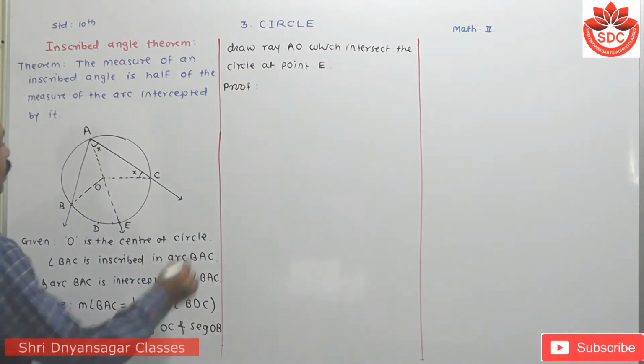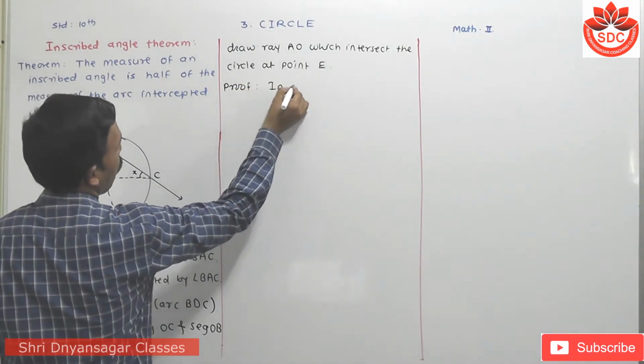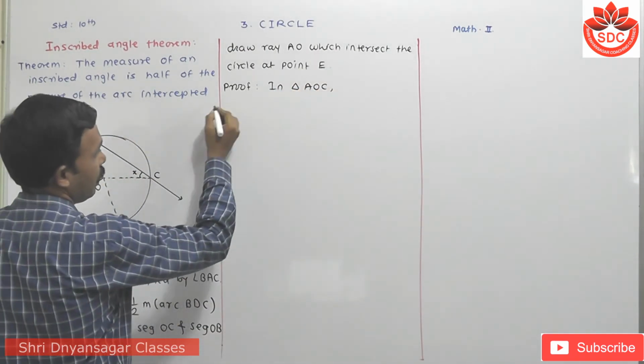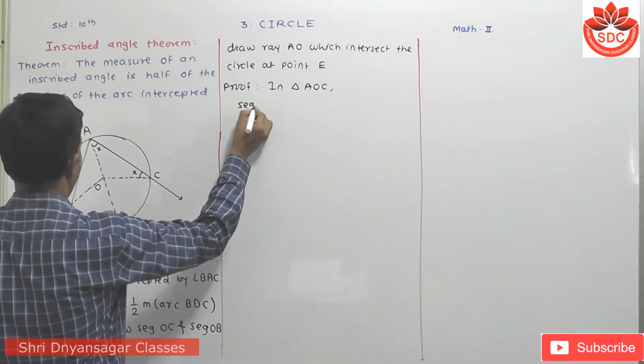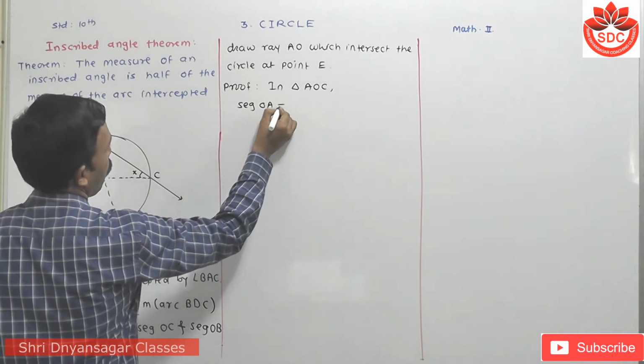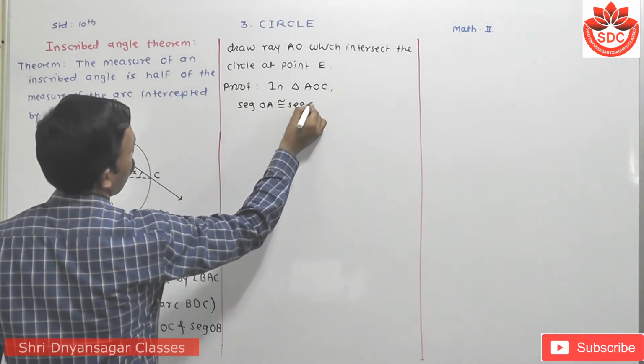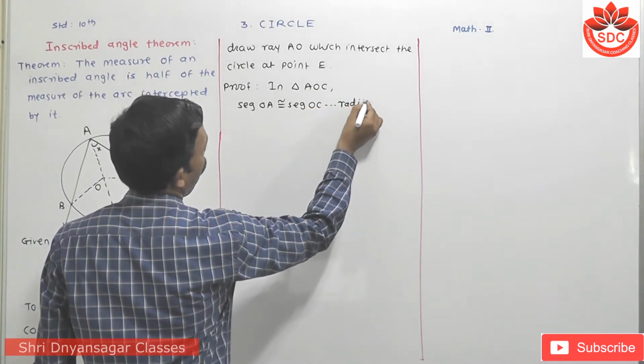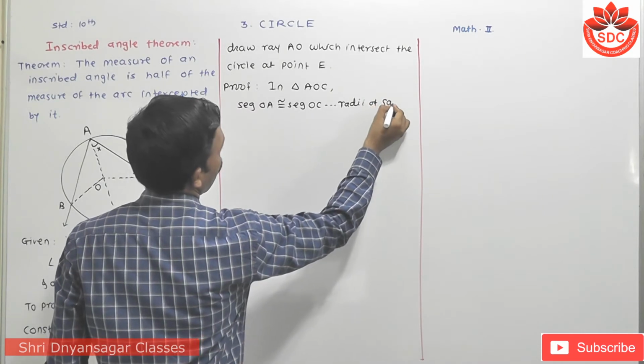In triangle AOC, segment OA is congruent with segment OC because radii of same circle.